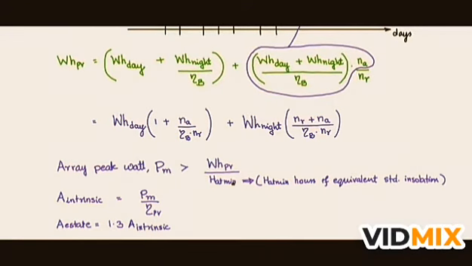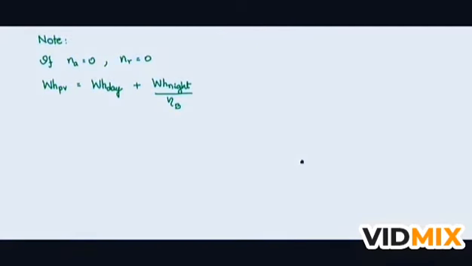So these are the equations that will be used in sizing the PV array. Note that if Na is equal to 0, that is the number of days of autonomy is equal to 0, and there is no recharge number of days, then the watt hour PV is given by just the first part of the equation, which is watt hour day. It has to supply the day load plus the night load plus the battery charge discharge losses.